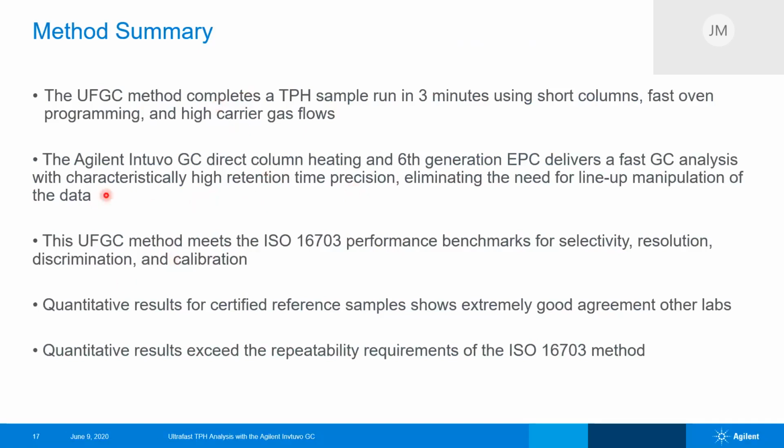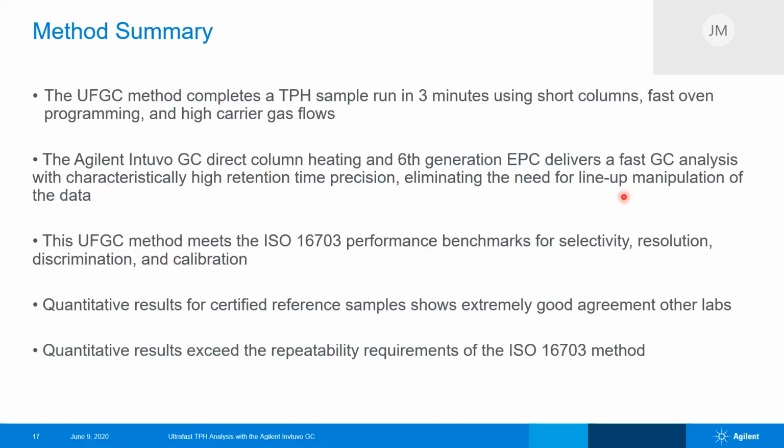And because of this, there's no need to do any post-run lineup manipulation of the data. Some instrument vendors will do that. They're not getting good retention time precision, so they'll use chemometric techniques to then adjust that retention time. There's no need to do that.